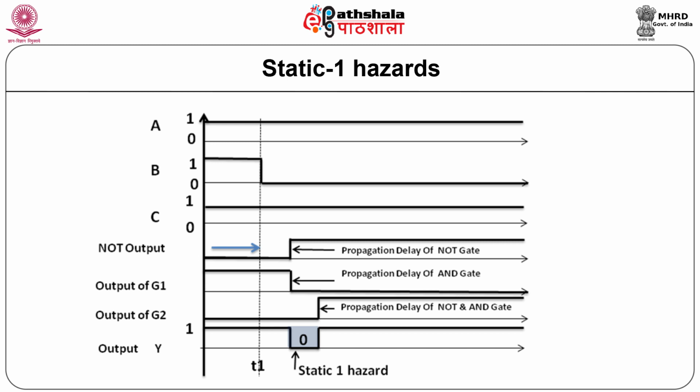During this period, both G1 and G2 are at logic 0. Thus, the output Y goes to 0 momentarily. This short duration low pulse is unwanted and called as static 1 hazard. Here we have assumed the propagation delays of AND and NOT gate are almost similar. The output returns back to logic 1 later as expected.